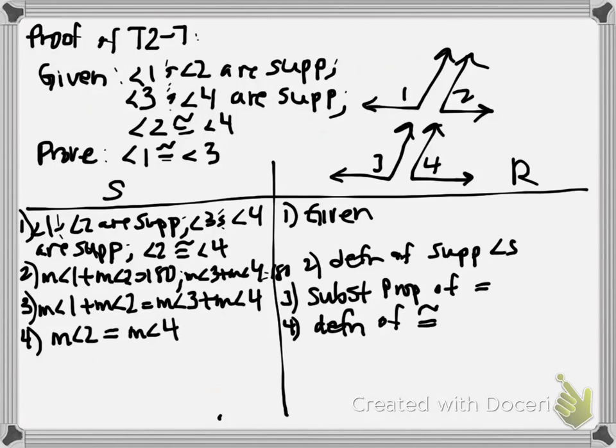And it doesn't matter whether you substitute in for measure of angle 2, measure of angle 4, or you substitute in for measure of angle 4, measure of angle 2. Bottom line is, I want the same angles to show up on both sides. That's what I want. So this is the hard part. You have choice in a proof. That's why when we have a really heavy test with proofs, it takes me a lot longer to grade because I have to read all of yours to make sure your logic is right.